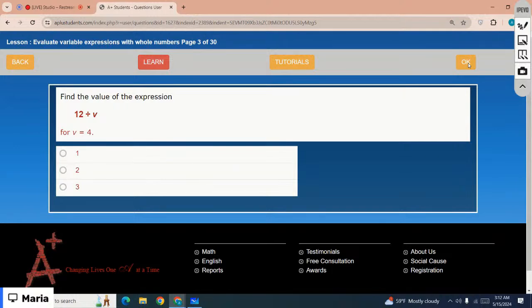The correct option is 3. You have to replace the v with the value that is 4. So you have to divide 12 by 4. So 12 divided by 4 is 3. The correct option is 3.